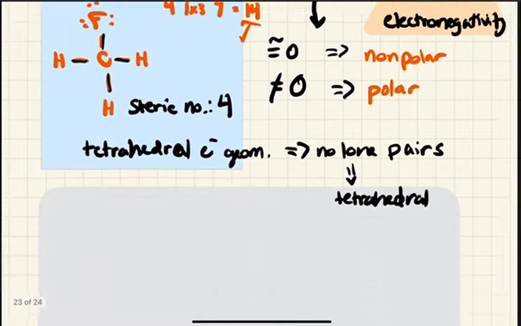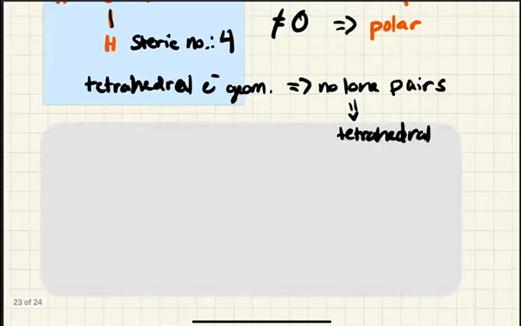All right, so I'm going to draw my tetrahedral molecule down here in the other box. So center atom is carbon, and I'm just going to draw them in circles to make it a little easier. All right, so tetrahedral, you have 4 bonds coming off at angles of 109.5-ish.